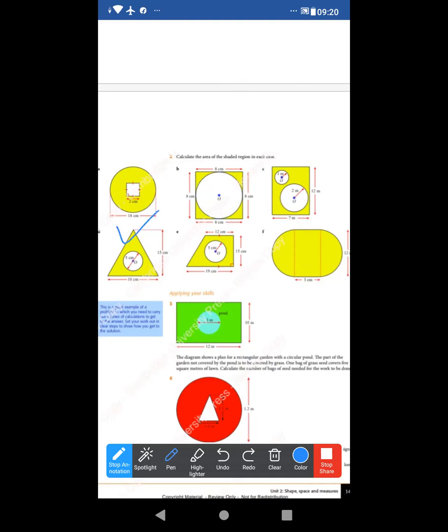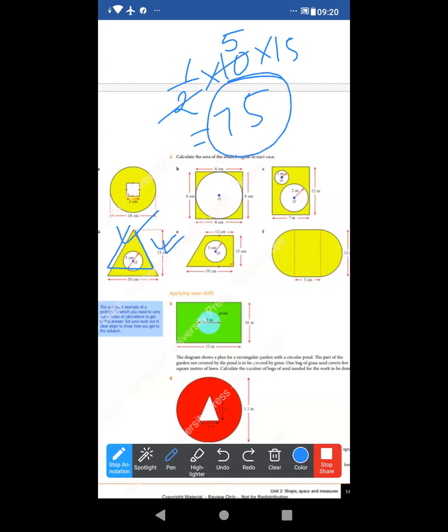Okay. Now number D. Look at this. The area of the triangle means half into base, 10 is given. Height is given. 75 square unit. Done? Now area of this circle.